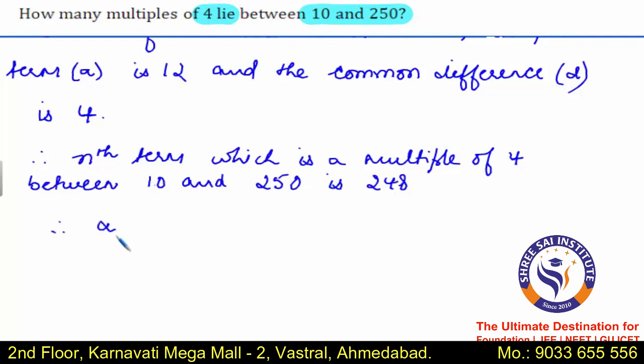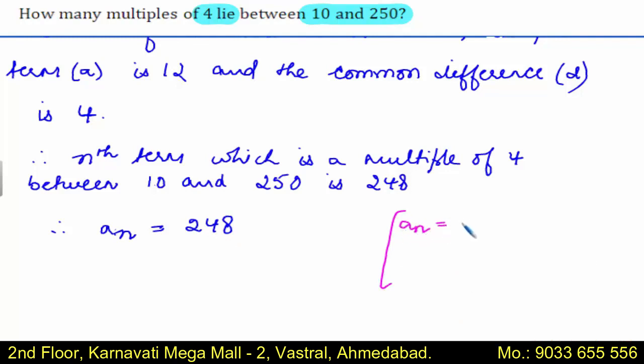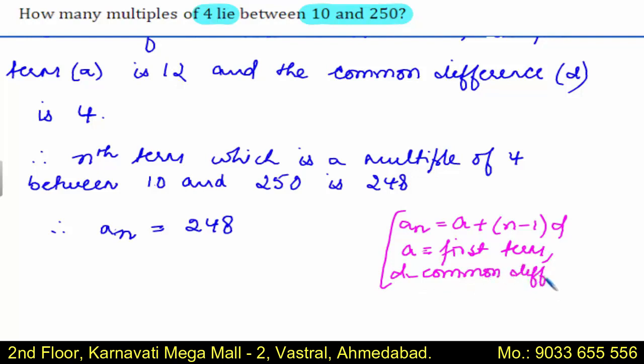Therefore, we have the nth term of the given list of numbers is 248, and we know that the nth term of an AP is given by A plus n minus 1 into D, where A is the first term and D is the common difference. Therefore, here we can write it as A plus n minus 1 into D is equal to 248.